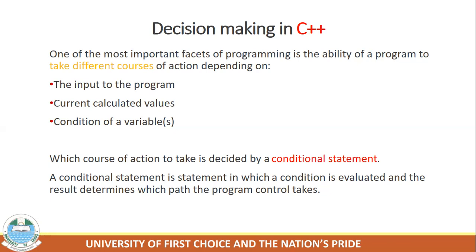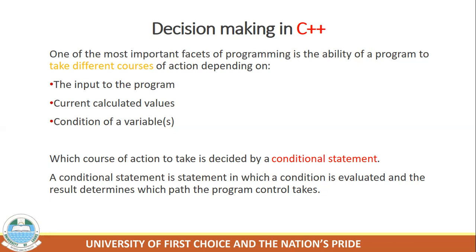All right. So it gives some features if you are able to meet certain criteria. It gives you another feature if you are unable to meet the criteria. So which course of action to take is decided by a conditional statement.